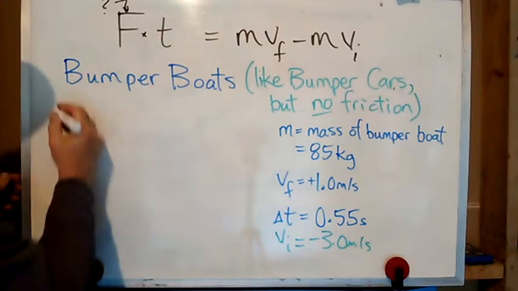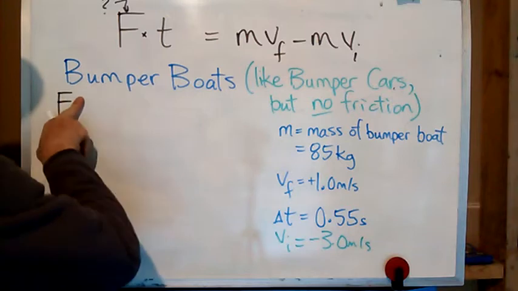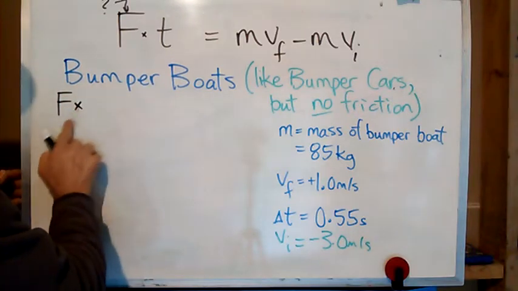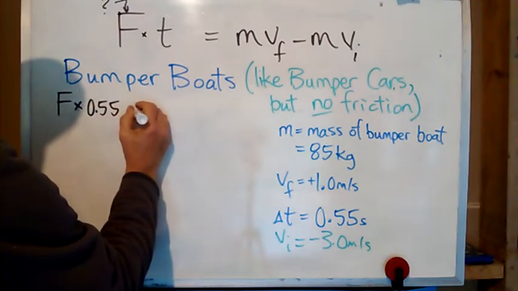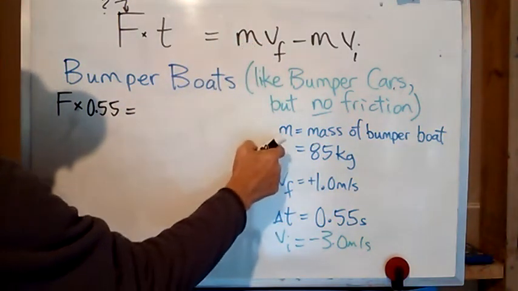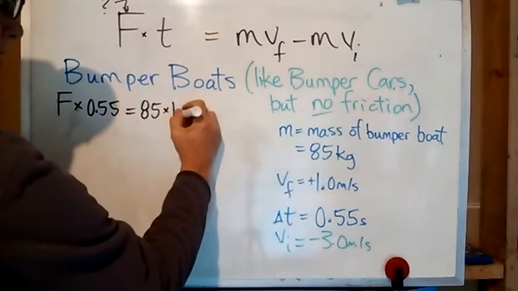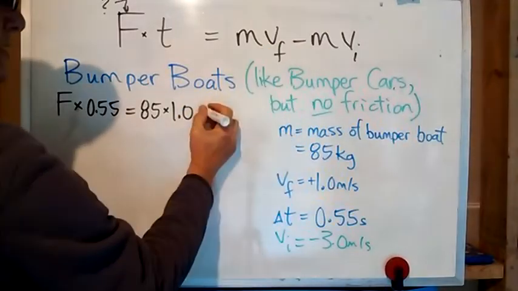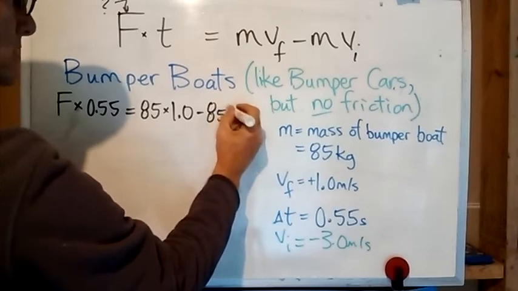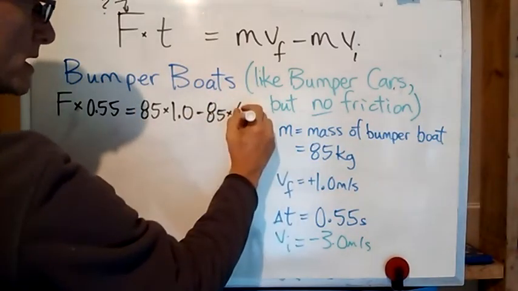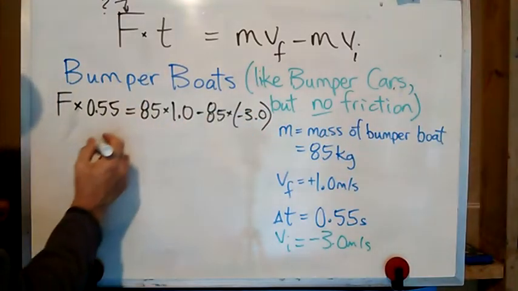So force times time 0.55 is equal to m vf, which is 85 times vf, which is 1, minus 85 times minus 3. Be careful, you have to put that negative in there.